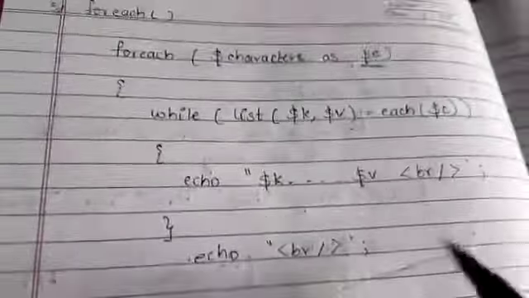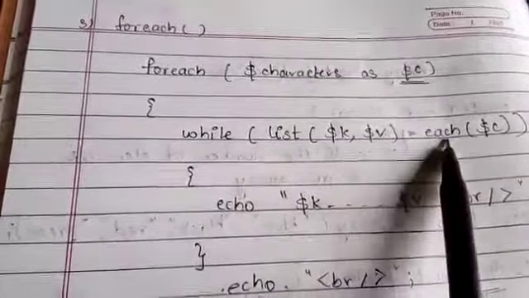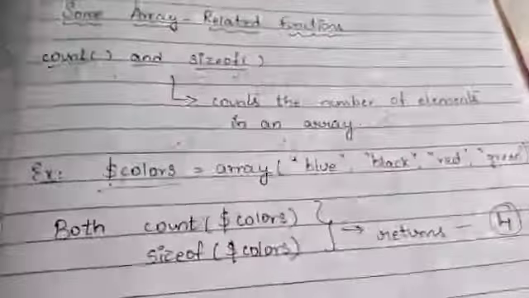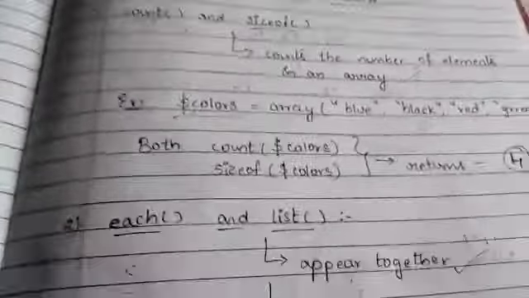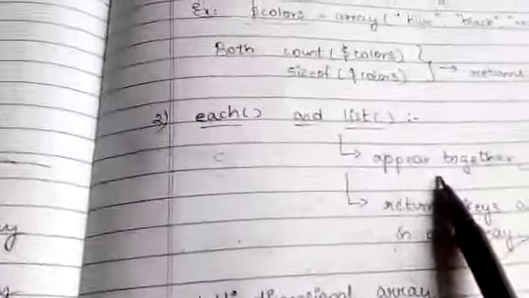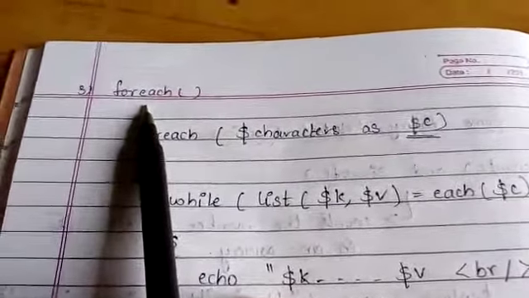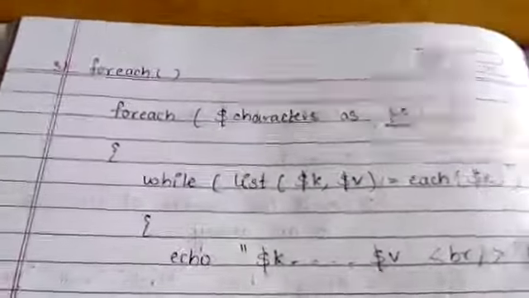This is how we use both list and each functions together to access the elements inside a multidimensional array. Hope you all understood about array related functions. In this we have discussed count and sizeof, and each and list functions, which together we have used in the foreach function. Got it? Thank you.